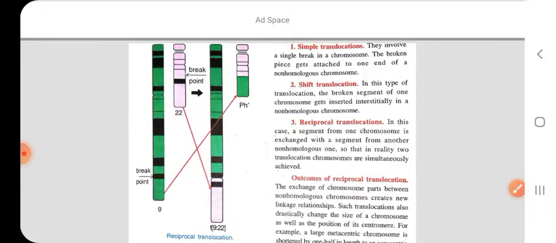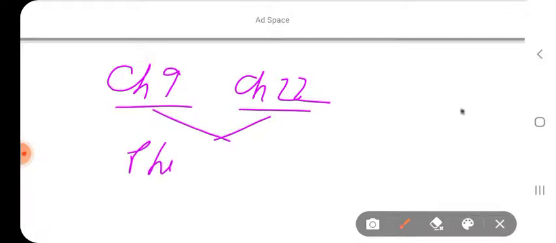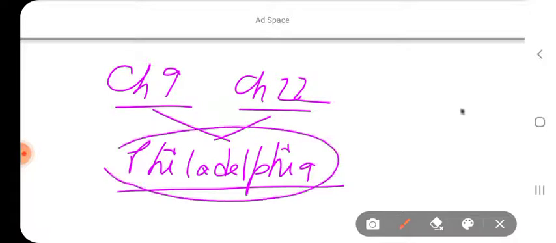So translocation between chromosome number 9 and chromosome number 22 leads to the formation of the Philadelphia chromosome.